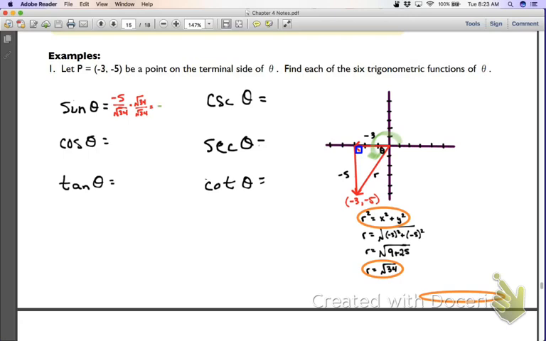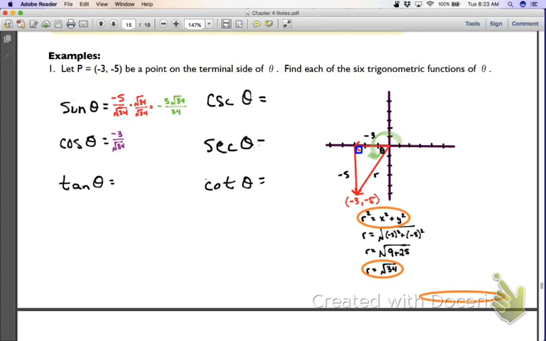So then -5 times the square root of 34 over 34. I'll do the same thing again with cosine, but now instead of it being a -5, it's going to be a -3.